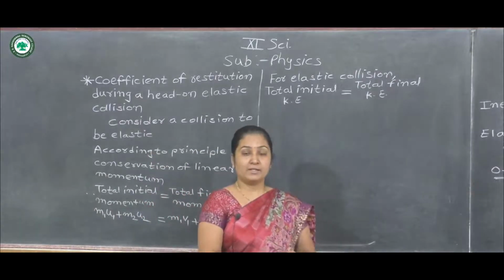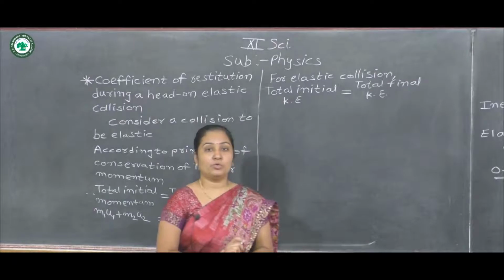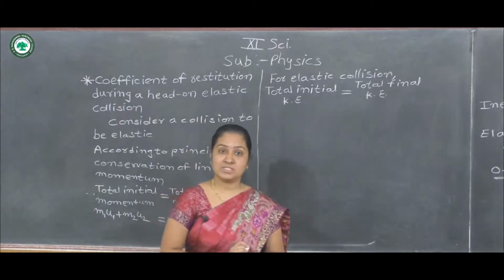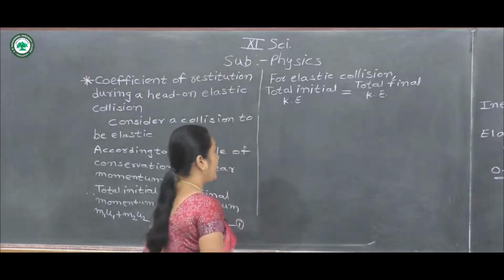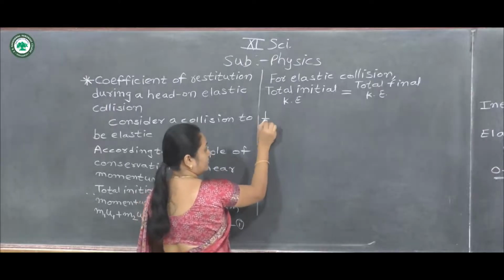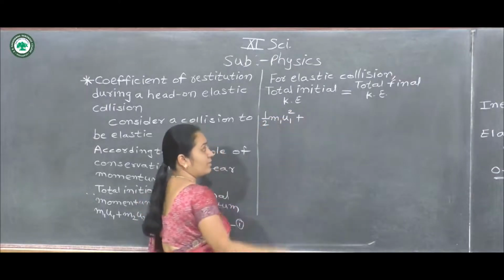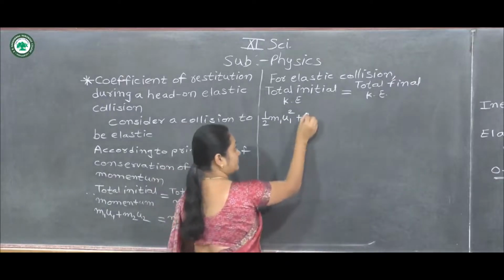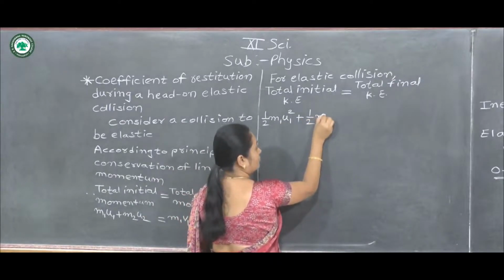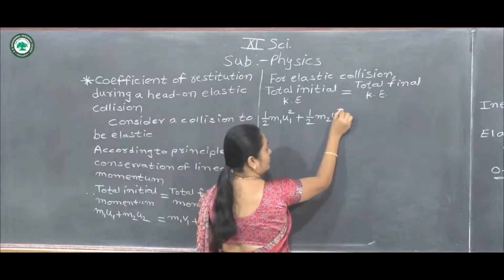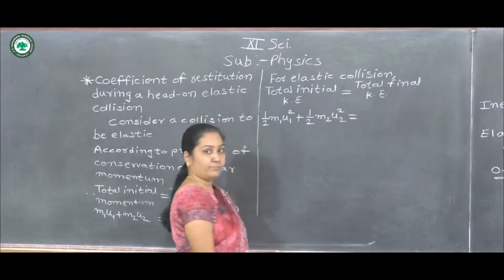So now we can write the formula of kinetic energy here. We know that kinetic energy is equal to 1/2 mv square. So initial kinetic energy is 1/2 m1 u1 square plus 1/2 m2 u2 square.